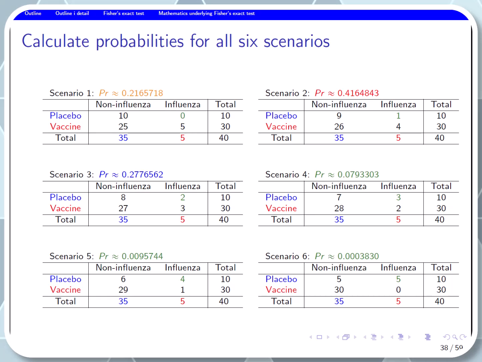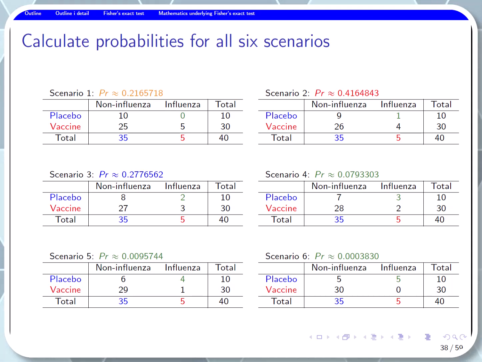The probability in red for scenario 2 indicates a probability larger than the probability of the observed scenario. The probabilities in green for scenarios 4, 5, 6, and in orange for scenario 1 are smaller than the probability of the observed scenario.